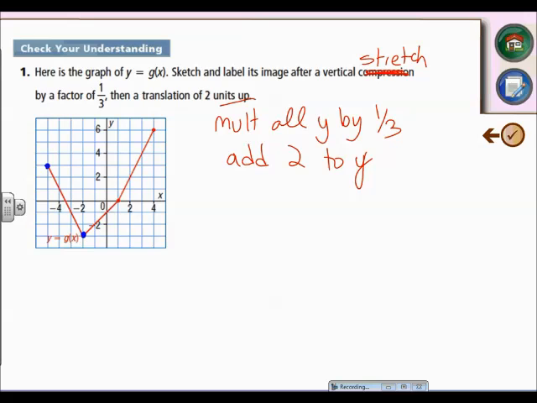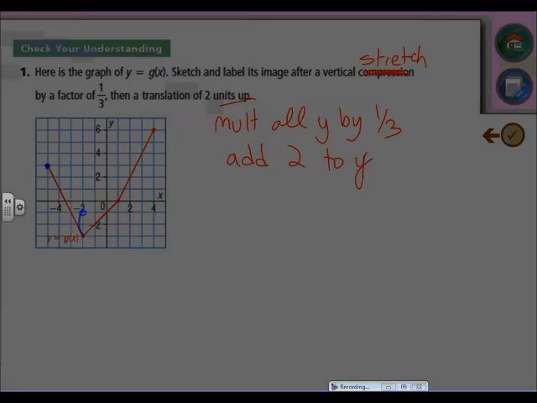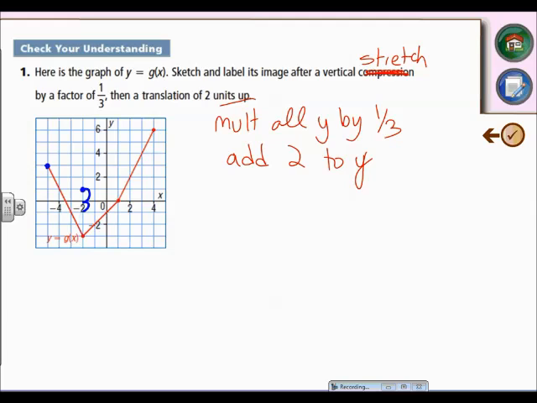So now we got -3 multiplied by 1/3 takes us to -1, and move it 2 up. So it's now at 1. It's now here. Next point. 0 multiplied by 1/3 keeps it in the same place, but then we move it 2 up.